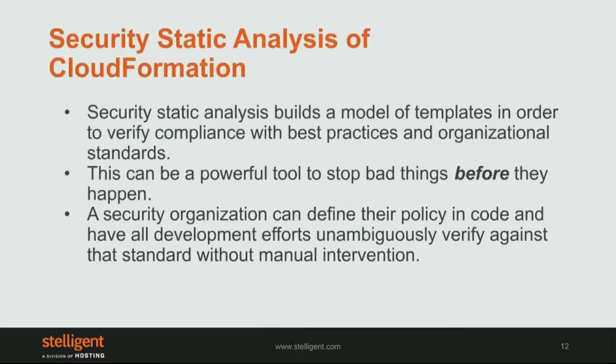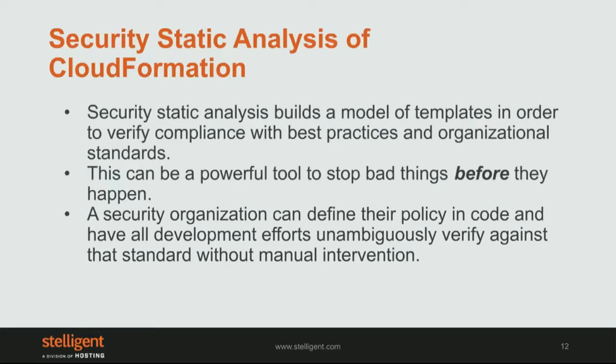When we started developing the continuous security pipeline, we went out and looked for tools to do just that, to give us static analysis of infrastructure code. And because we're working in AWS, the primary tool for infrastructure code is CloudFormation, an AWS service.